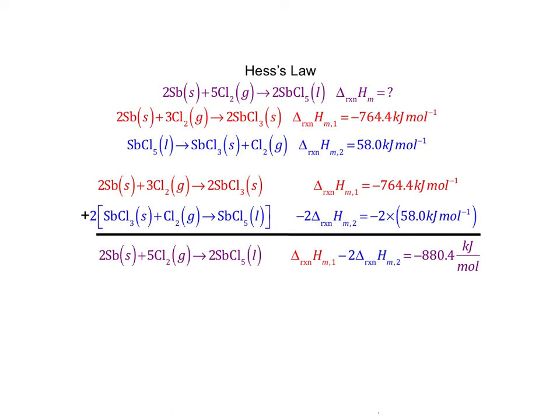See that my delta H reaction of 1 minus 2 times my delta H of reaction of 2 is going to be equal to this negative 880.4, and that is the delta H of my overall reaction.